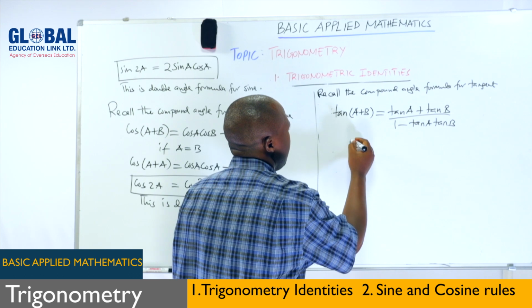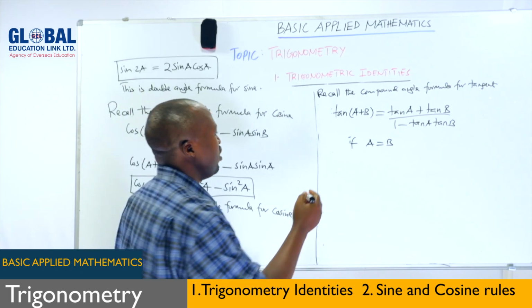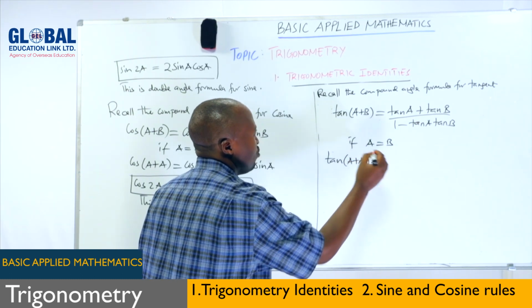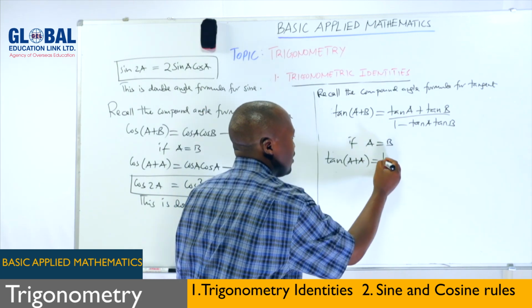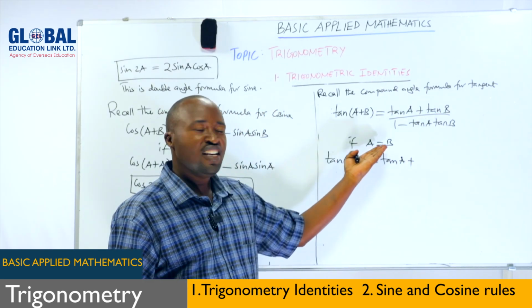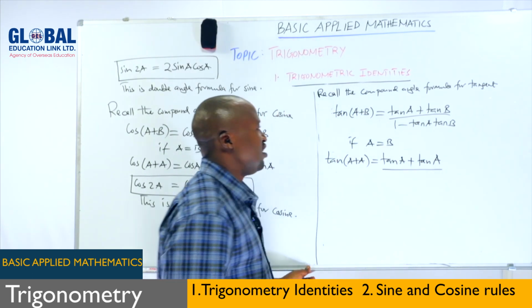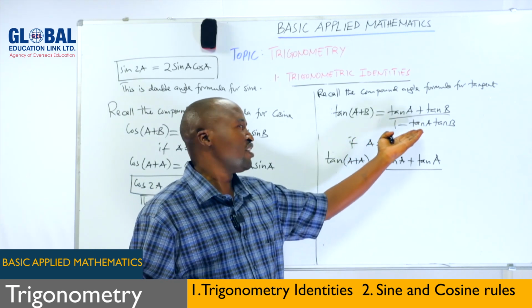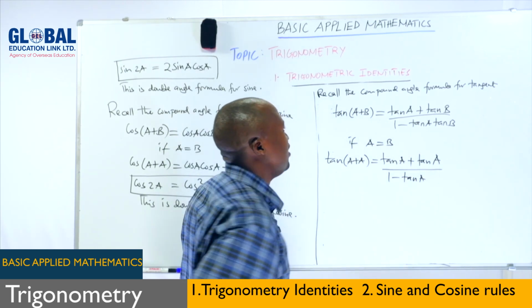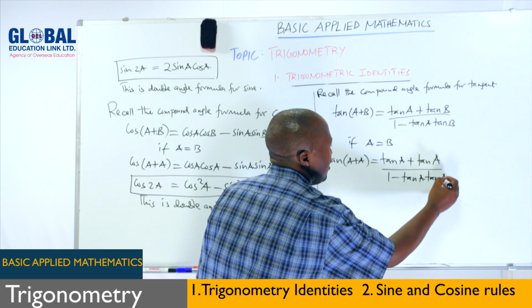That is, if A is equal to B, we are going to have tan A plus A equal to tan A, no problem, but the second one will be tan A, because A is equal to B. That is tan A over, for the denominator, 1 minus the product of tan A and tan B. So that is 1 minus tan A followed by tan A, because A is equal to B.